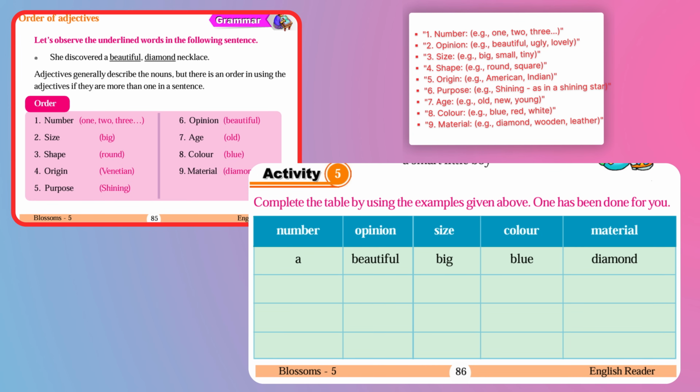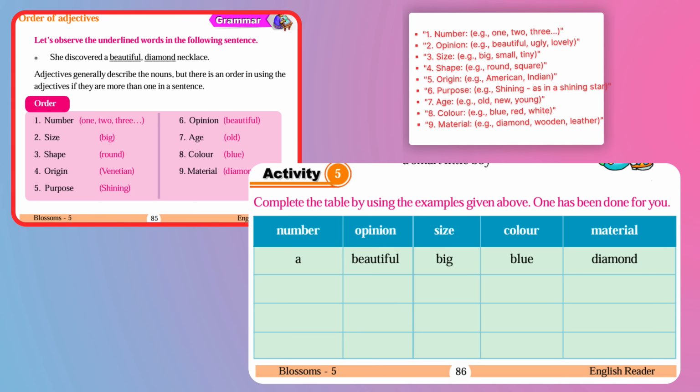The order implied in activity 5 on page number 86 presents a table to be completed with adjective categories. You can see the screenshot over there towards the right side, and the columns are given in the specific sequence: number, opinion, size, color, material, like this. Furthermore, the examples provided for constructing phrases on page number 86 implicitly follow an order that places opinion much earlier.